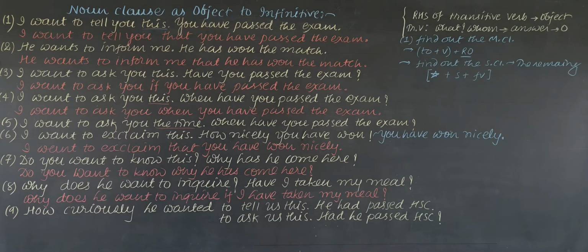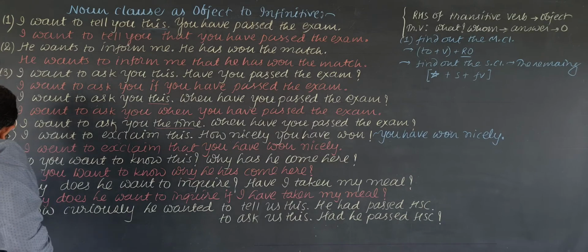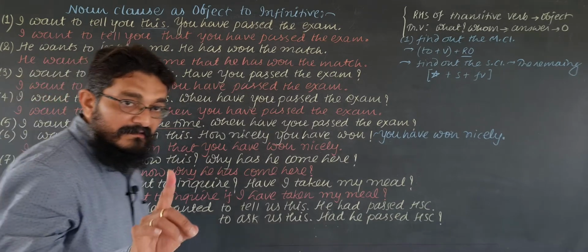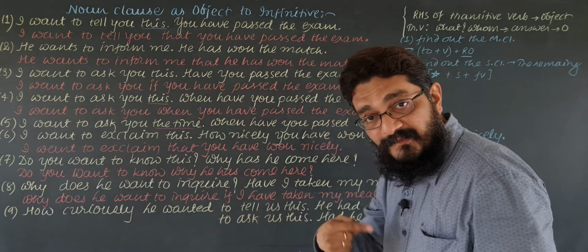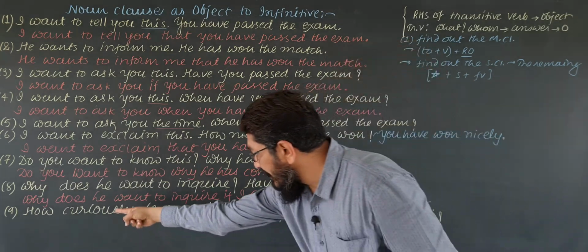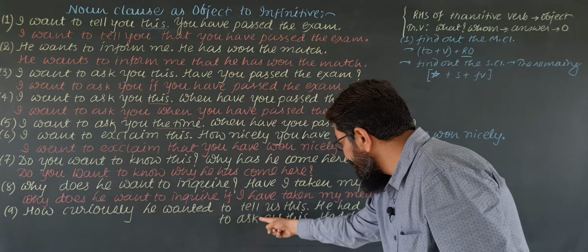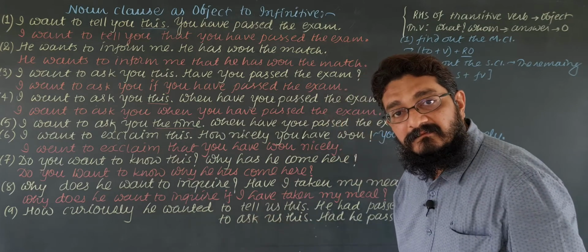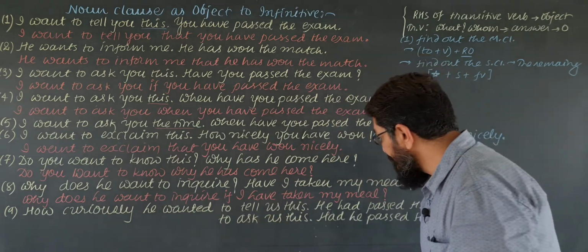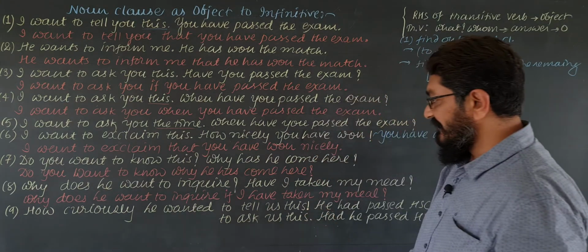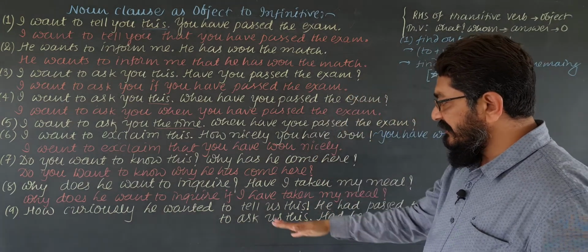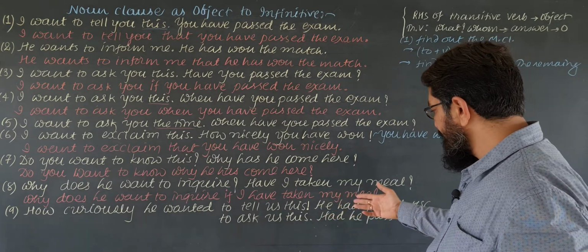How curiously he wanted to tell us this. There is one mistake here, my mistake. Find it out. How curiously he wanted to tell us this. Where is the mistake? It is an exclamatory sign, right?